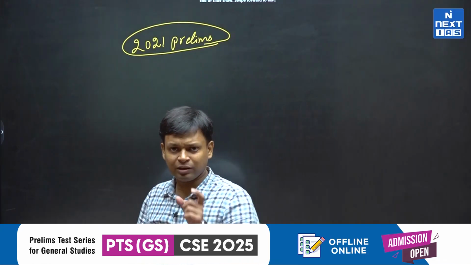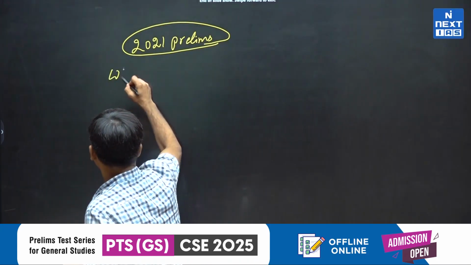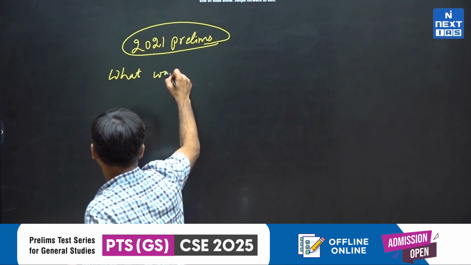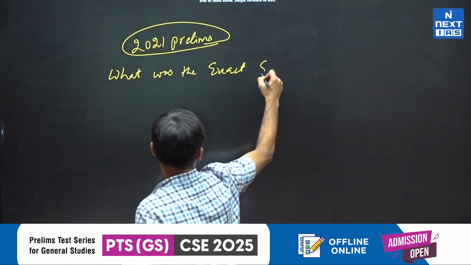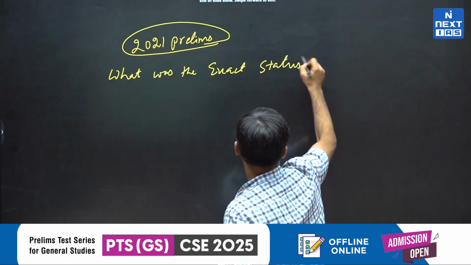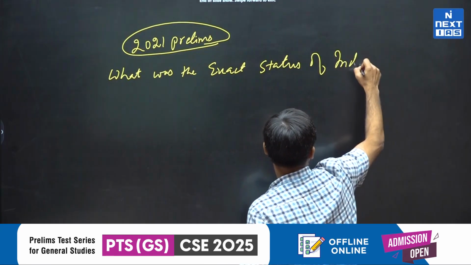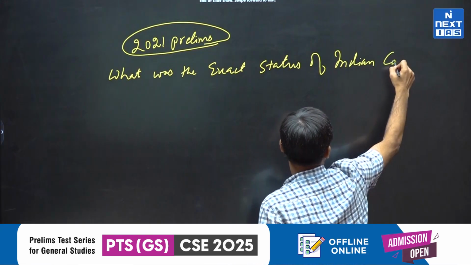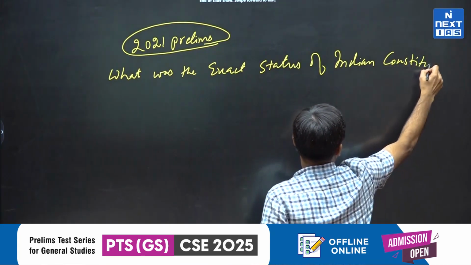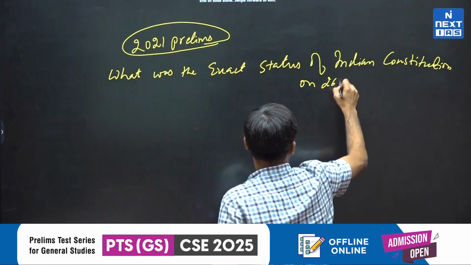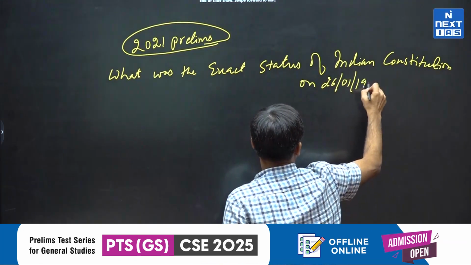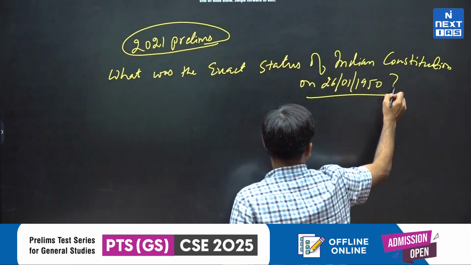The question asked you, what was the exact status of Indian Constitution on 26th January 1950?